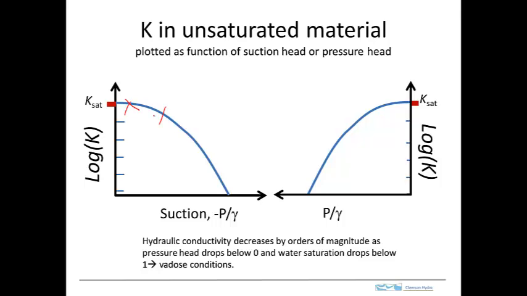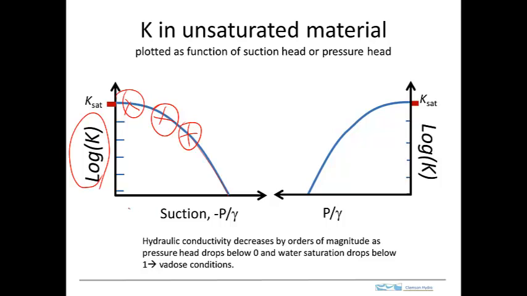The points that I had before would have been like this, and so we have some more points and it decreases down. And what we find is that the hydraulic conductivity will decrease by a lot, by several or perhaps many orders of magnitude as you apply suction to a porous medium. So often this axis is displayed as a log scale to account for that wide range of variation in hydraulic conductivity.